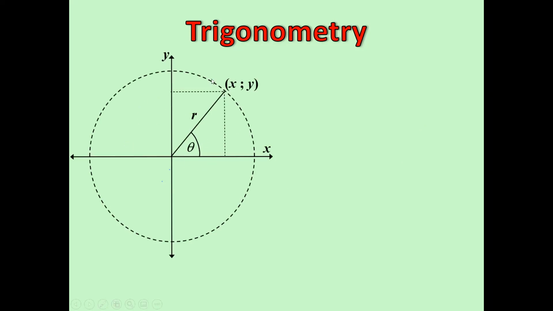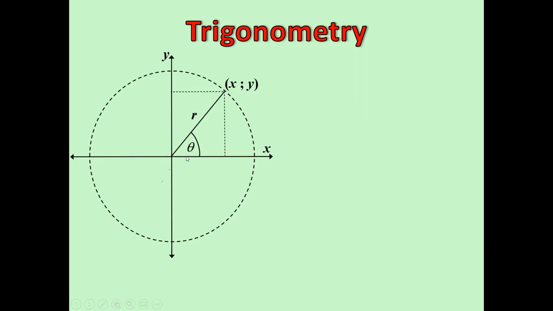If we look at the XY axis, we have an X axis and a Y axis. If you take any point that I'm referencing here with my mouse, we can call it (x, y). And what you can do is quickly form a triangle.